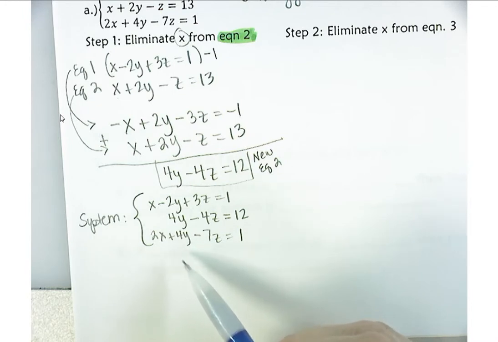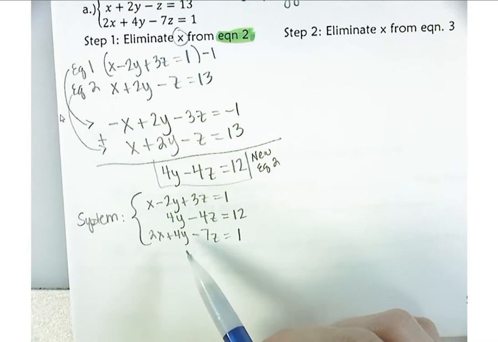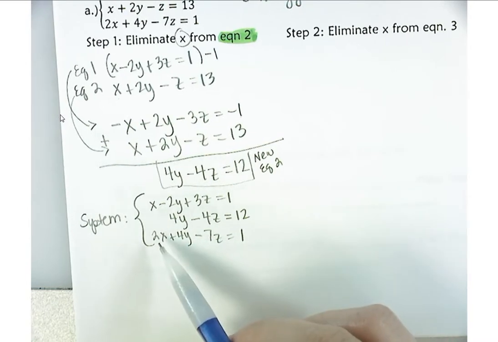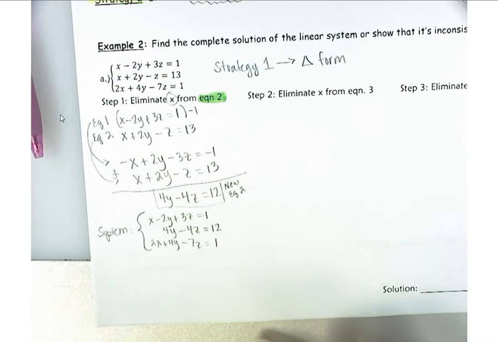If I'm putting the third equation in triangular form, what's the only variable I should have in the third equation? I should only have z, right? So I have to eliminate the x and I have to eliminate the y. Alright, so the first thing we'll do is work on eliminating the x from equation 3.